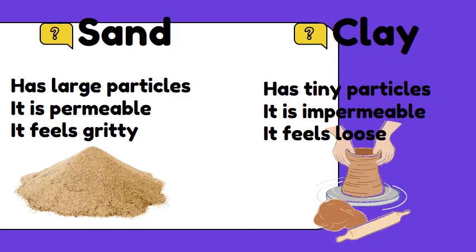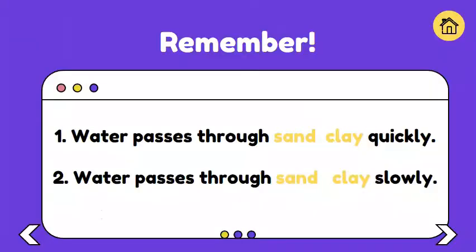Sand is permeable while clay is impermeable. Water cannot pass through clay easily, but it can pass through sand easily. Sand feels gritty or like powder, while clay feels loose.